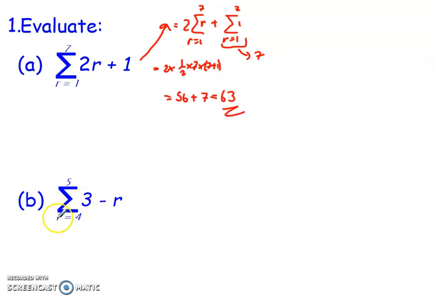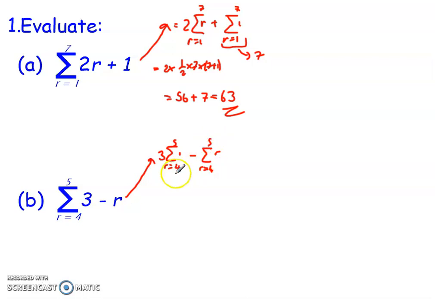Second question is the sum from r equals 4 to 5 of 3 minus r. Now again, we can use the properties we know to split that up. So I can say fine, so it's 3 times the sum from r equals 4 to 5 of 1, take away the sum from r equals 4 to 5 of r.